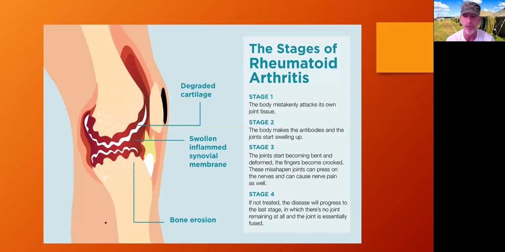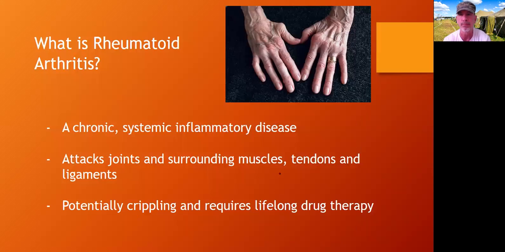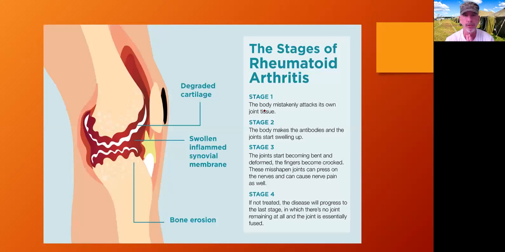As I showed you in the pictures up here, you see how the fingers of the hand seem to go off at an angle. That is typical of the damage that RA causes. It hits the fingers and the legs. Joints become bent and deformed. This causes severe impingement upon the nerves, which causes severe pain. It's an extremely painful condition.